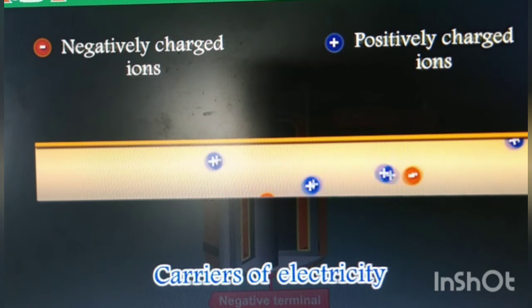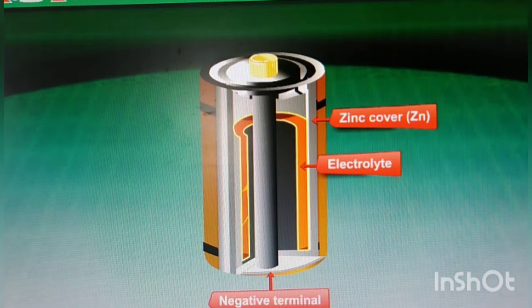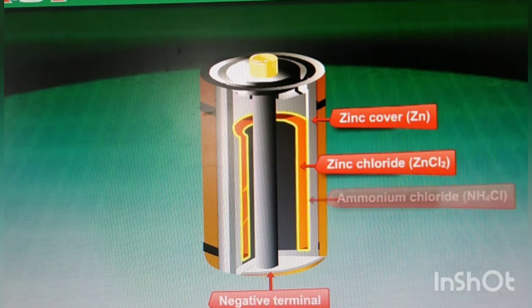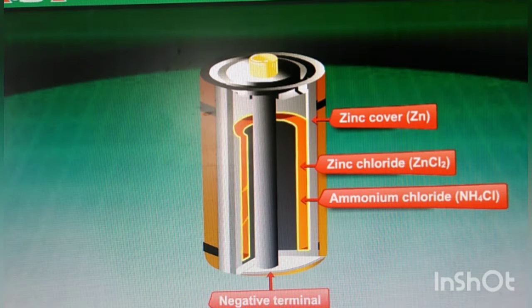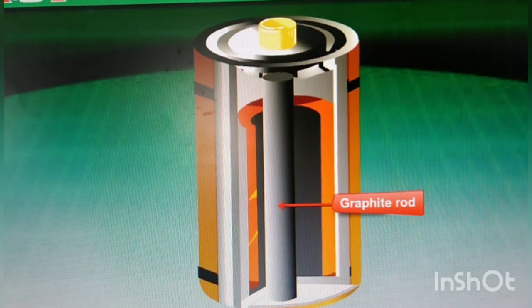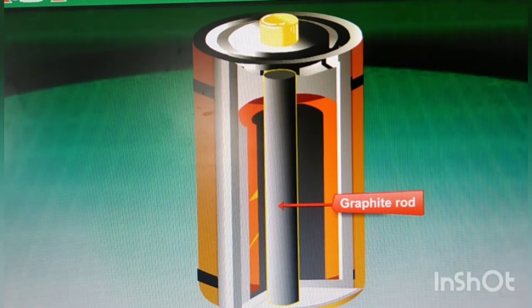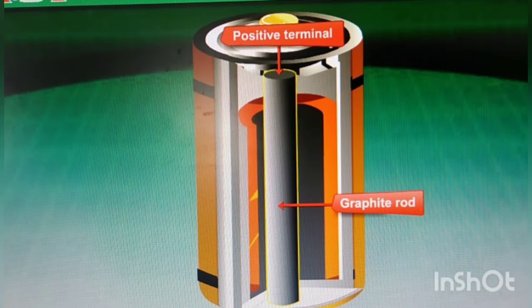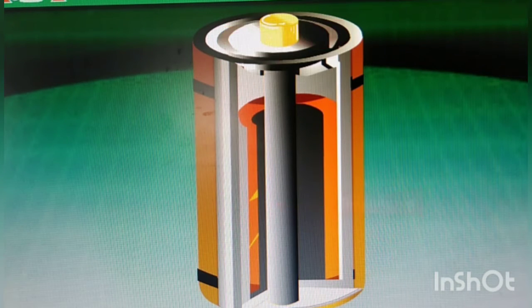The electrolyte is a wet pulp of zinc chloride, that is ZnCl2, and ammonium chloride, that is NH4Cl. There is a graphite rod at the center of the cell. This is the positive terminal of the cell.